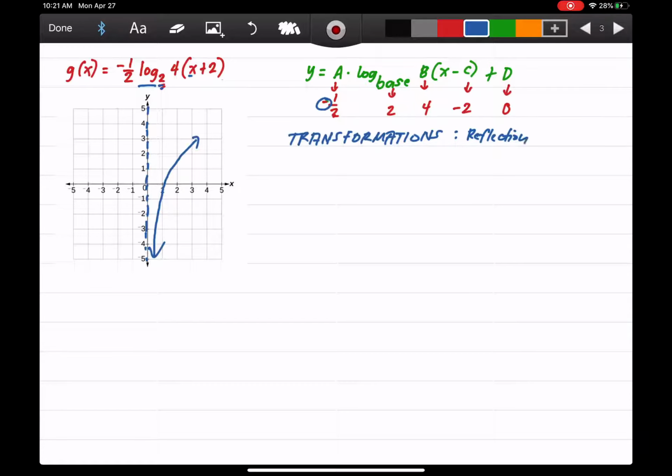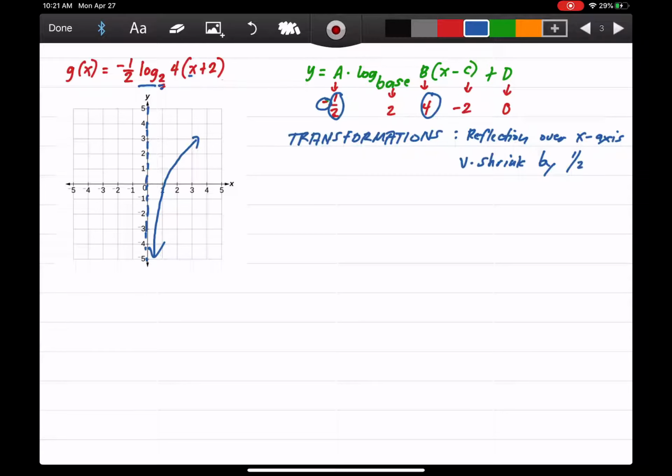Reflection over what? Over the x-axis. All right. And it's 1 half, so there is a vertical shrink by 1 half.